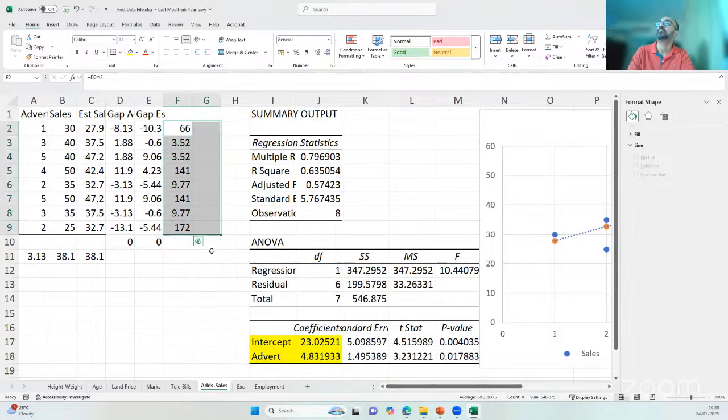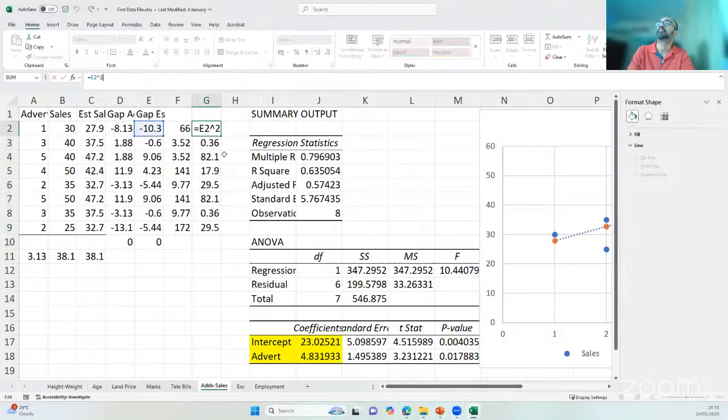Fine. I copy this to financial. I get it fine, because it is a relative position. I did not put any dollar signs. Okay, so I'm getting, you can see, right?